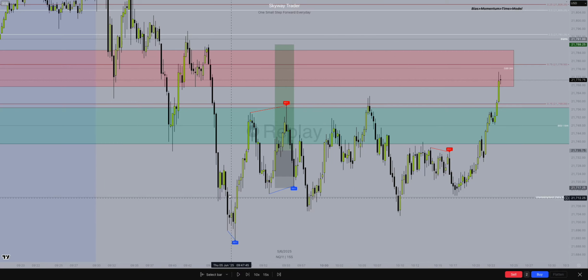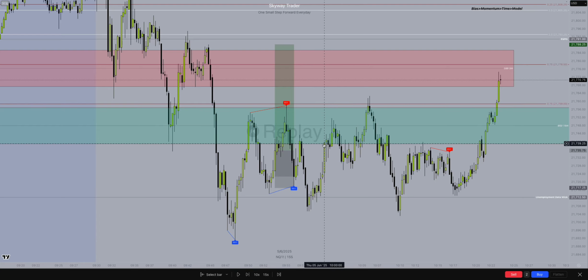But anyways, what I was trying to say was short-term bias is bullish, right? And then we see that we go break even and we're respecting these SIBIs up here. And then we created another low here, another opportunity to go long. Again, not a great entry here because all this gets swept up here.